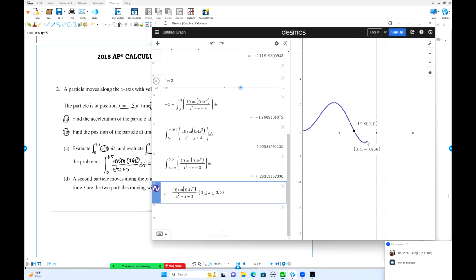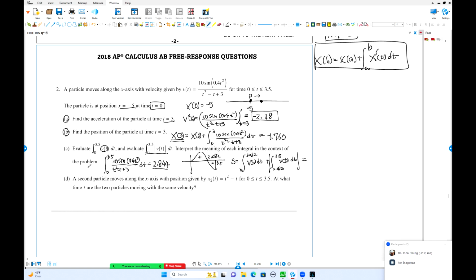That's correct. This is a negative velocity. It's going to have a negative number, but this is still positive number. I really don't understand. But anyway, this is the absolute value. But without that value, still it has a positive number. That's impossible.